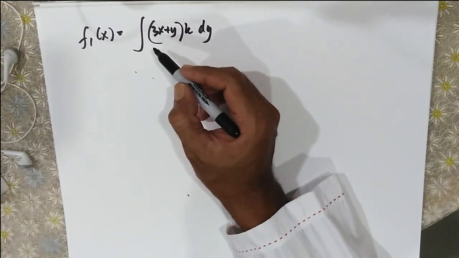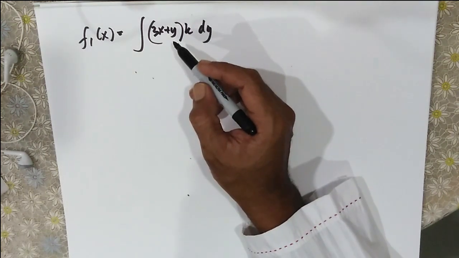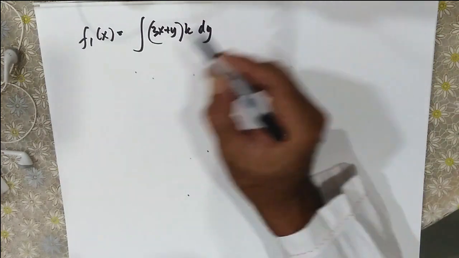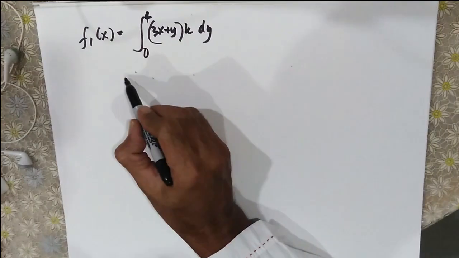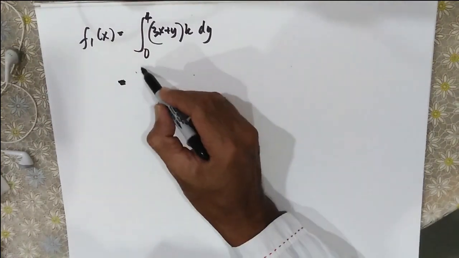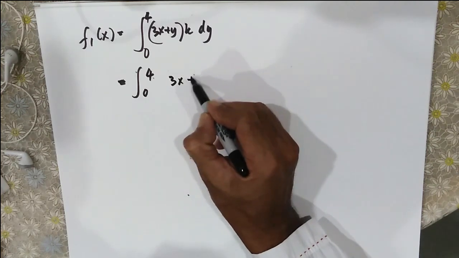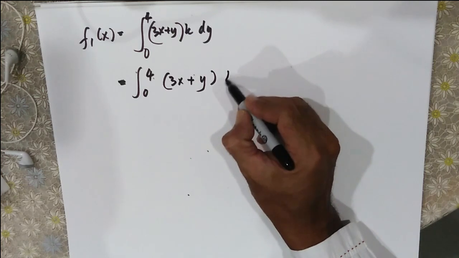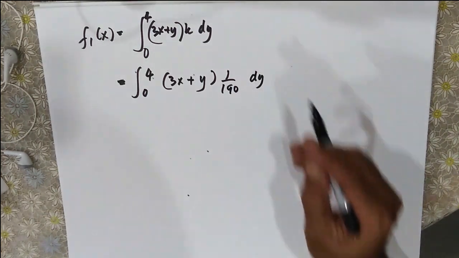So we integrate with respect to y, and the limit of y there is 0 to 4. Then this can be written as the integral from 0 to 4 of 3x plus y, and we know that our k there is 1 over 190, dy.